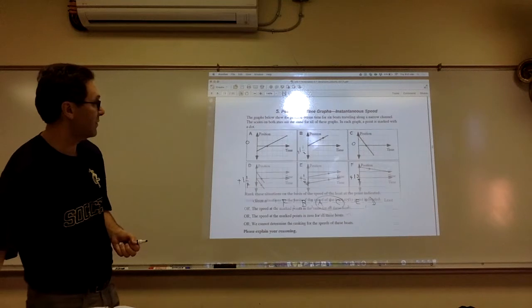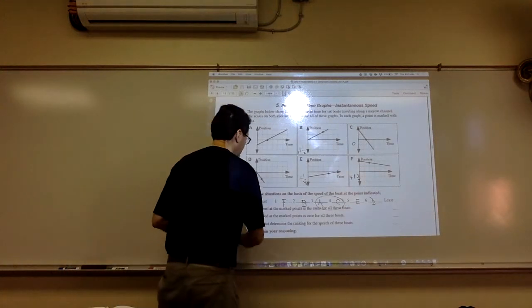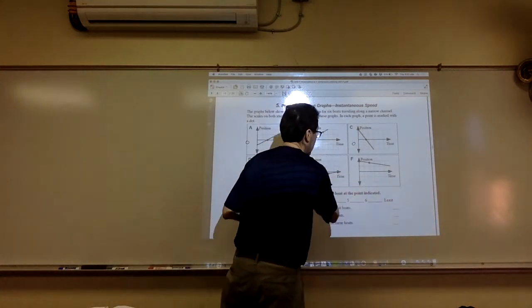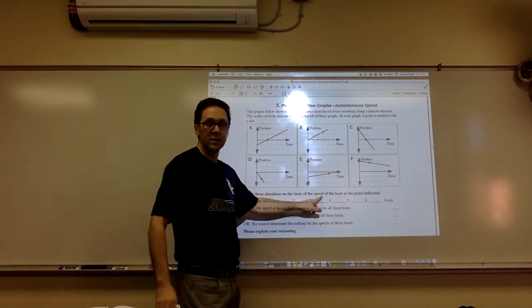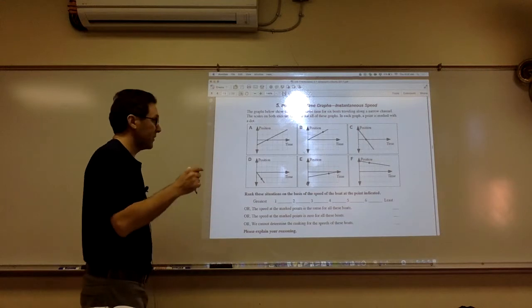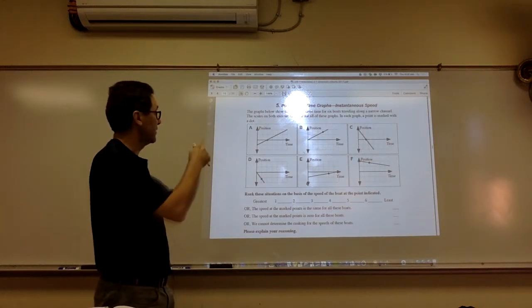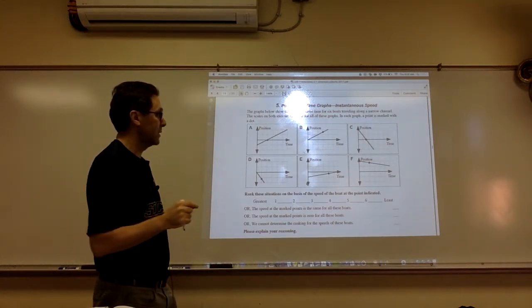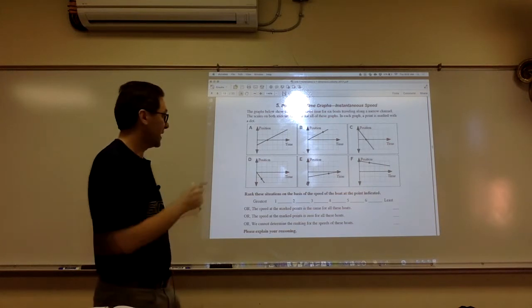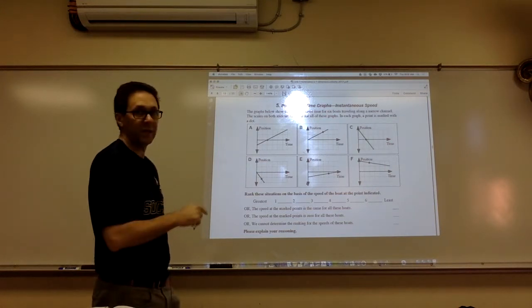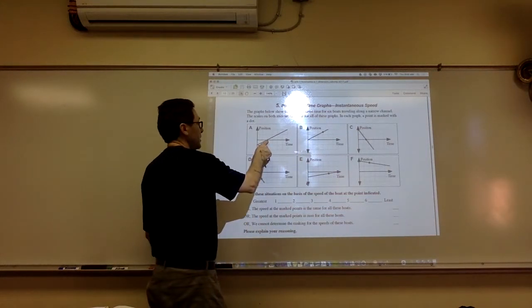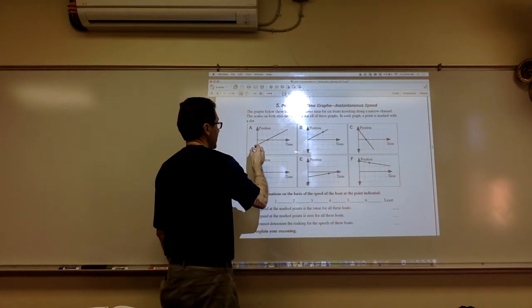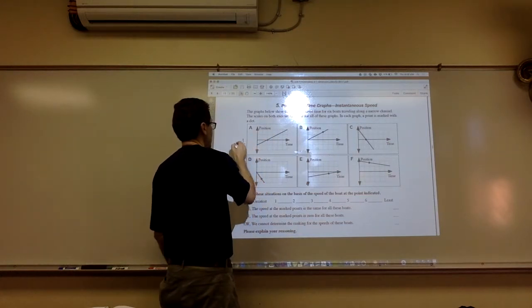For number 5, now this is a position time graph. Here we're looking for speed, not velocity. So we're going to find the slope of these lines and ignore the negative. If it had said velocity, we'd keep the negatives. So you just got to be careful with that. The slope of this here, you can do rise over run, so it looks like it's 1/2 positive.